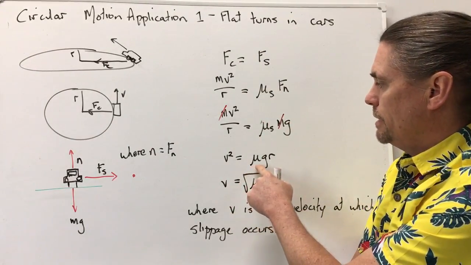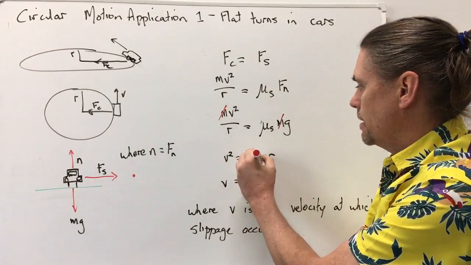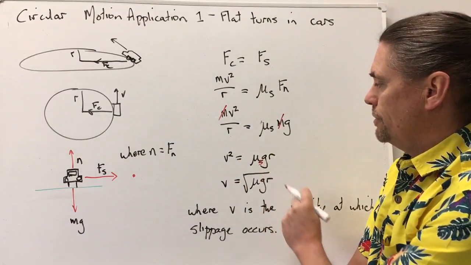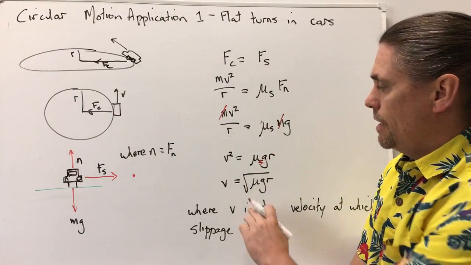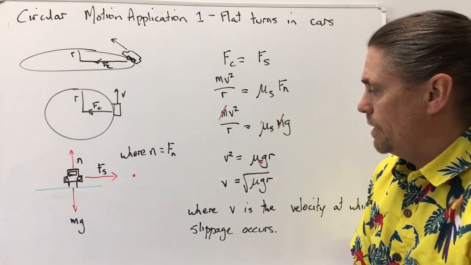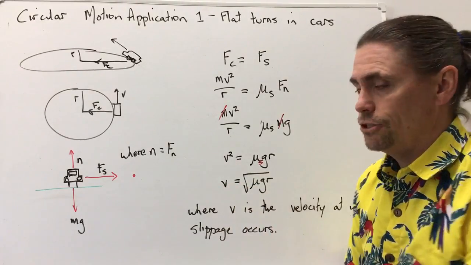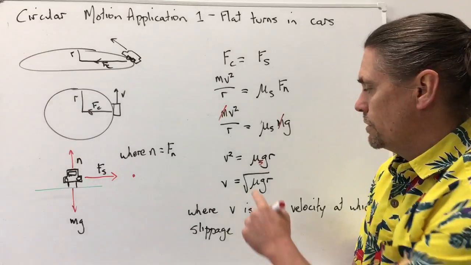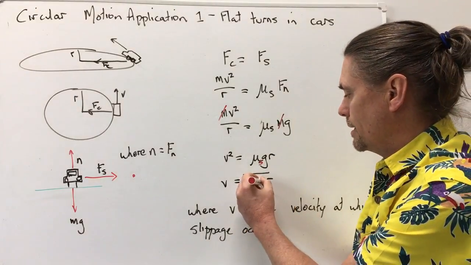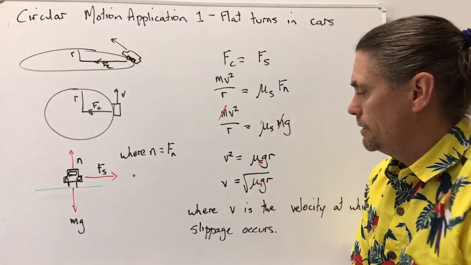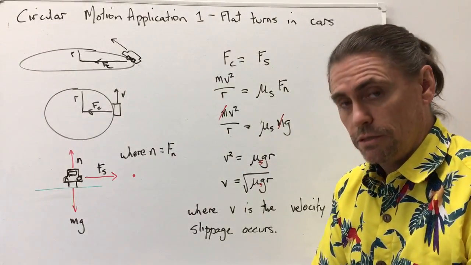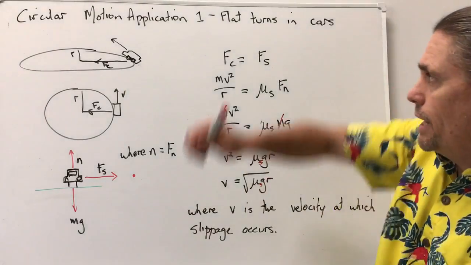So we get v squared is equal to mu s times acceleration due to gravity times our radius, and we take the square root of both sides. So the velocity at which we start to get slippage is equal to the square root of mu s times g times r. So let's look at how we apply this practically.